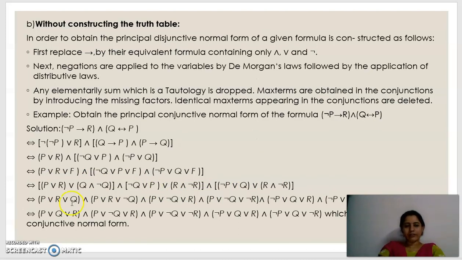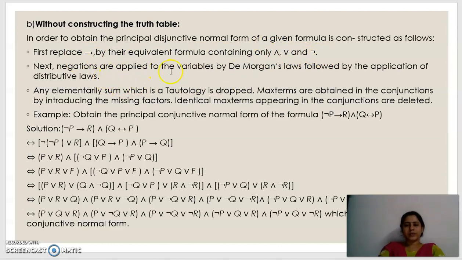Now let's see how to find the principal conjunction normal form without using the truth table. The steps we followed in principal disjunction normal form, we have to follow here too. First, if your statement contains conditional or biconditional statements, remove them using AND, OR, NOT.